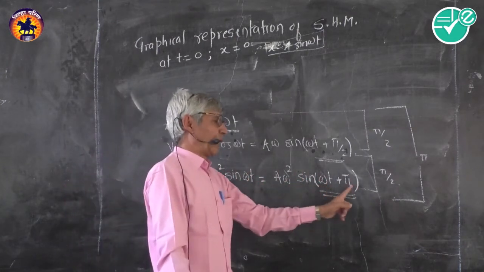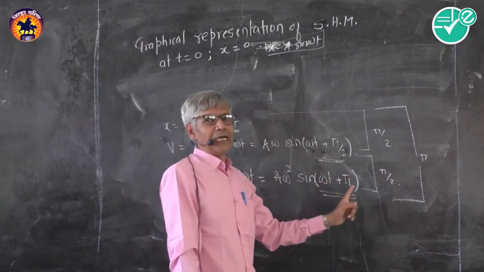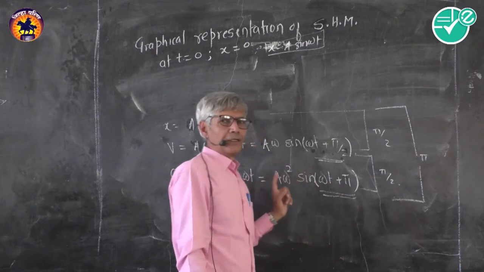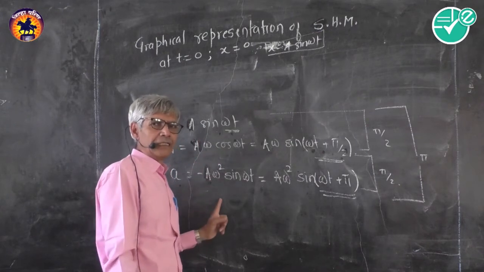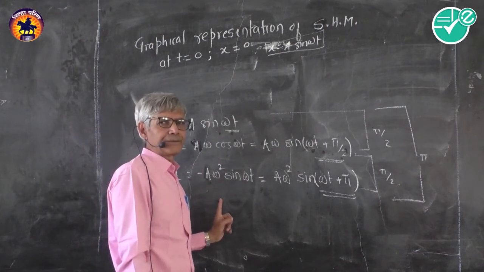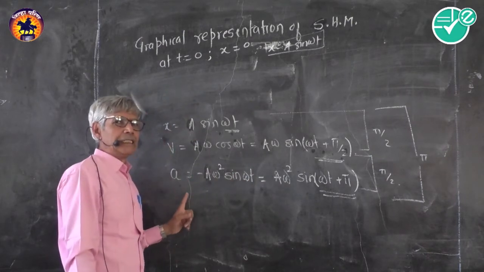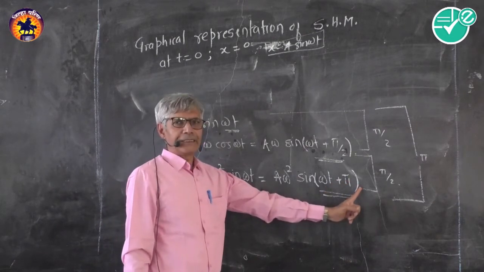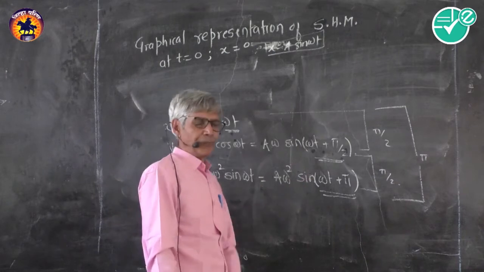So the phase omega t plus pi and phase omega t differ by a phase difference of pi radian between the linear displacement and linear acceleration. We can say that the linear acceleration leads the linear displacement by a phase angle of pi radian, or displacement lags behind the linear acceleration by pi radian.